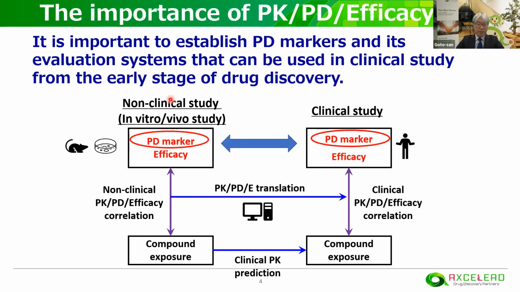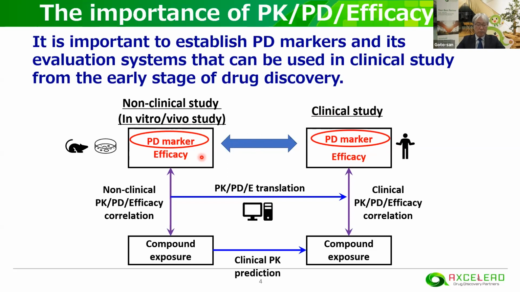PK/PD and efficacy are important in drug discovery research. As you know, there are 2 major phases, the non-clinical and clinical phase. Generally, each PD marker is considered in each phase, but it is important to establish a PD marker and its evaluation system that can be used in clinical study from the early stage of drug discovery.